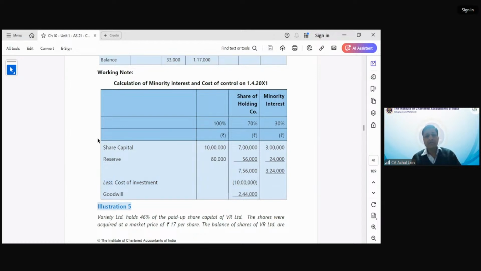Goodwill. Okay. So in this case, what do you get? Goodwill to begin with. Yeah. That is 2,44,000. All right. So 2,44,000 is the amount of goodwill. 3,24,000 is the amount of minority interest.